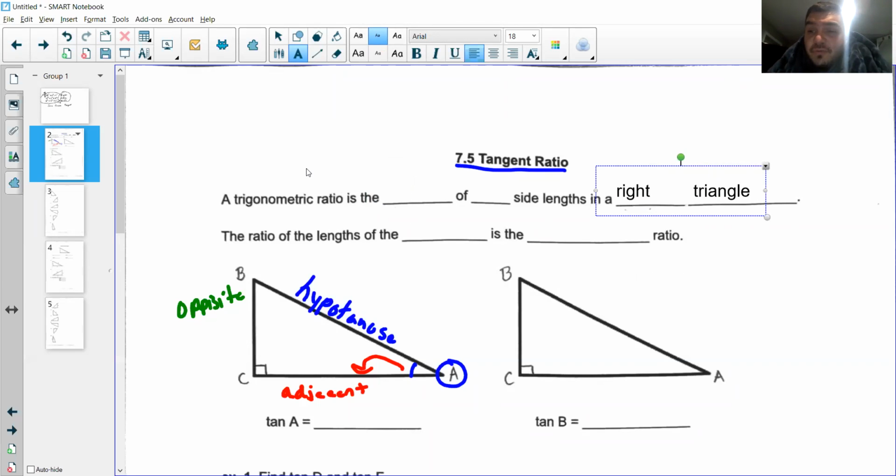So this trig ratio is the ratio of what I mentioned earlier: the angles compared to two side lengths of the right triangle.